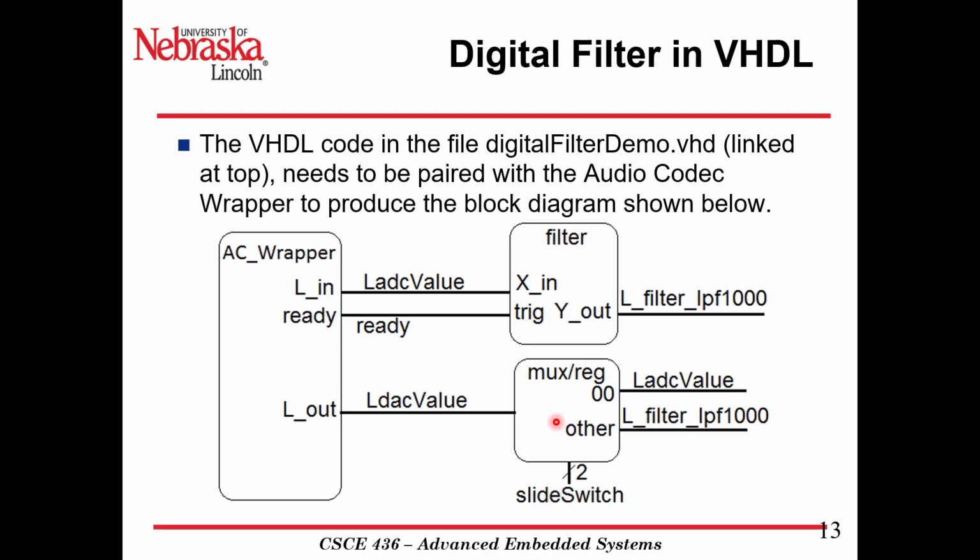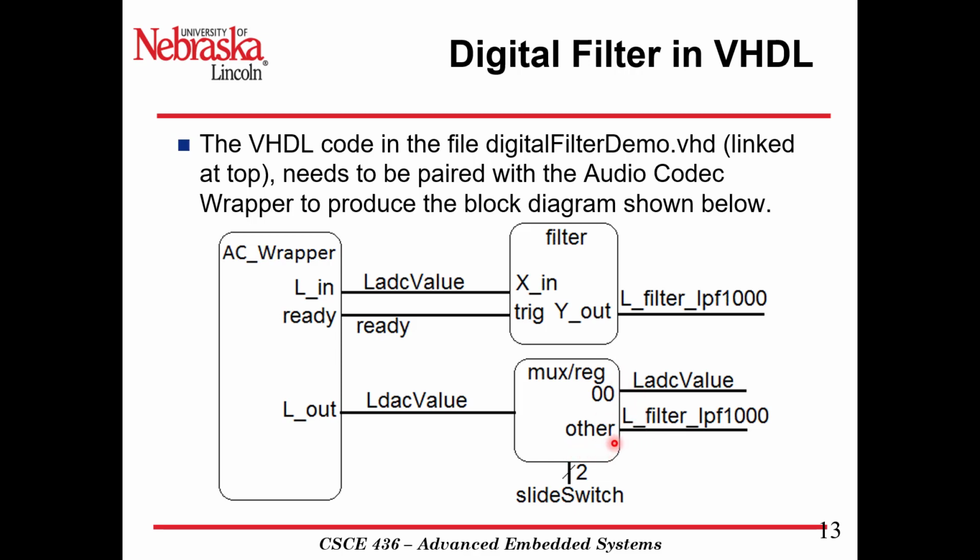And then we have the L out value, which is going to be determined by a mux. If the value of those two slider switches is 0, 0, we're going to have basically loop back without the filter. And then any other slider switch setting, 1, 2, you can actually set up.